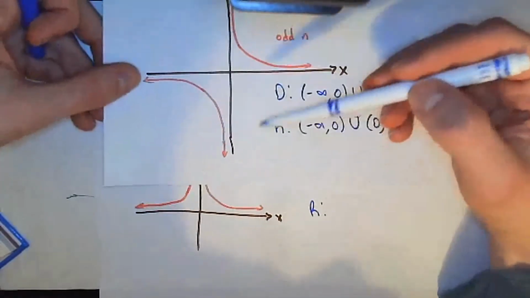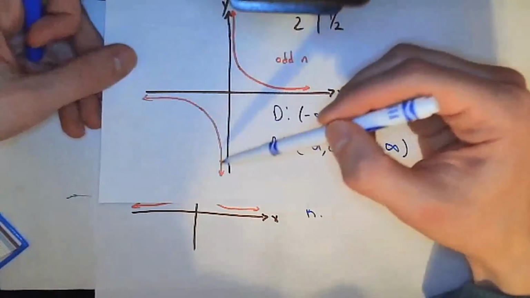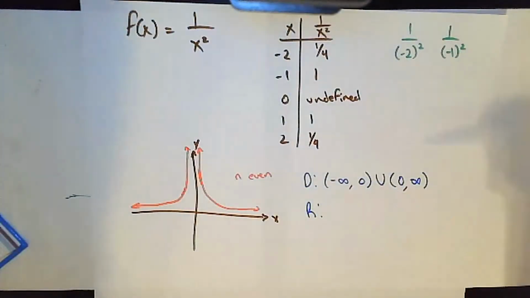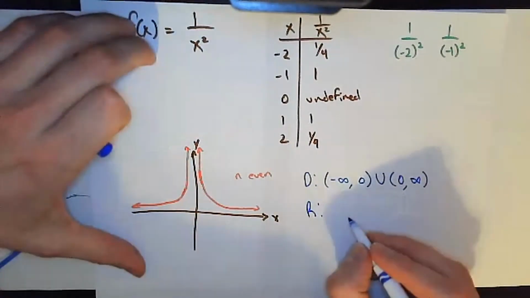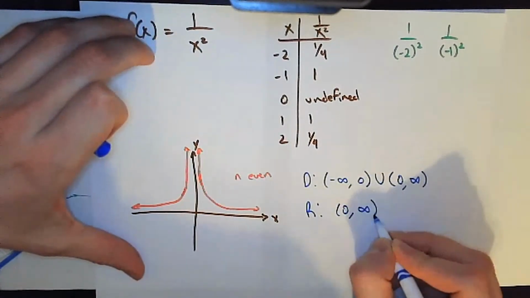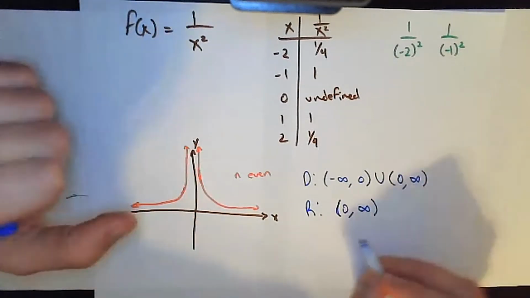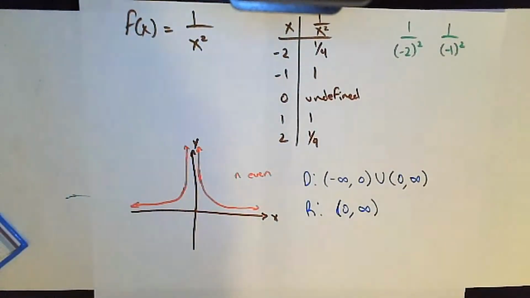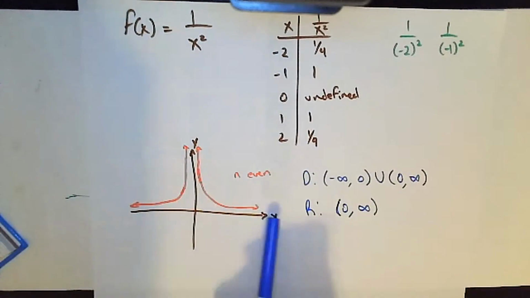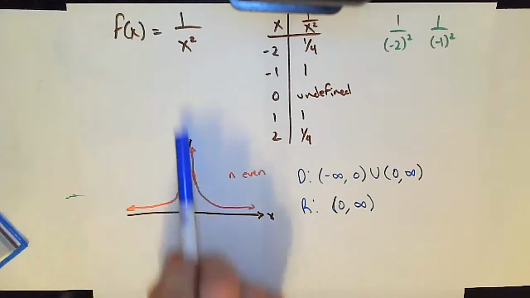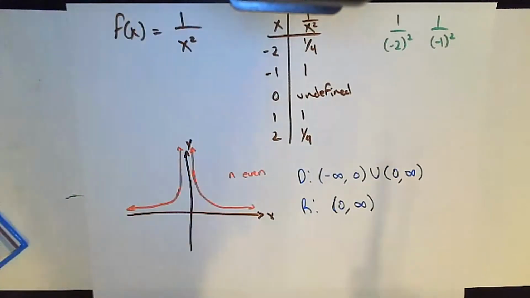The odd reciprocal function is allowed to go into the negative y values. This one is not, so it's only going to get half of what the other one has. It's only going to get 0 to infinity. No union with the negatives. Not including 0, because it will never touch the x-axis, where y is equal to 0. It'll never get that, but it can go up to any higher number it wants to.